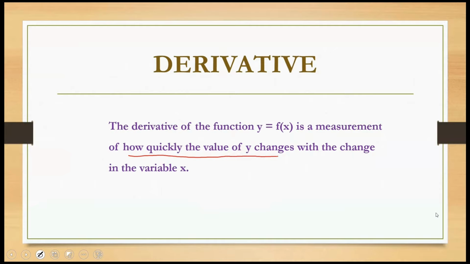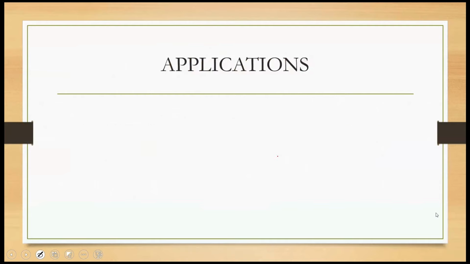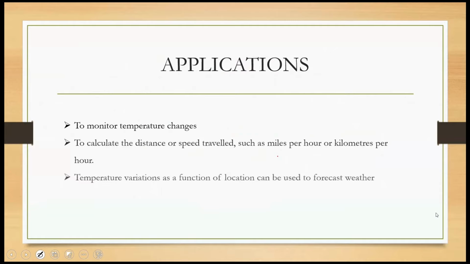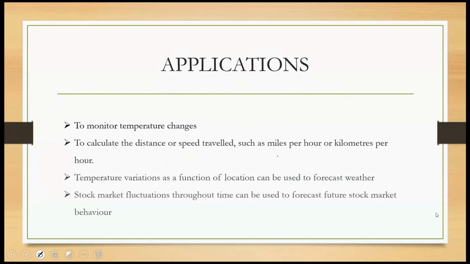So this method we will use to monitor temperature changes, to calculate the distance or speed traveled, such as miles per hour or kilometers per hour, or temperature variance at every instant of a second. Our stock market fluctuations throughout time can be used to forecast future stock market behavior. So for every instant, for every second, what are the changes? This can be calculated only using differential calculus. We cannot use the normal method for this kind of changes.